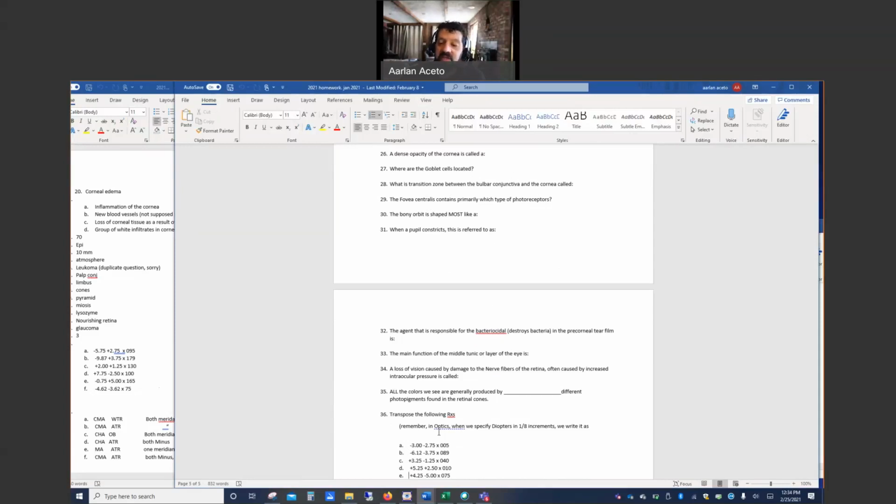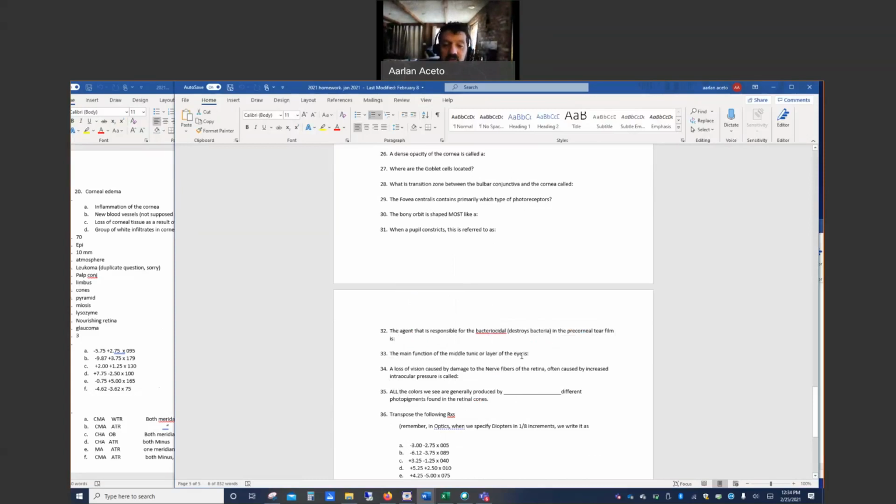And then the inside is the neural tunic, and that is the retina itself, macula, fovea, retina, etc. What we were looking for as a main function of the middle tunic was essentially nourishing the retina, and that's essentially what we're looking for there.